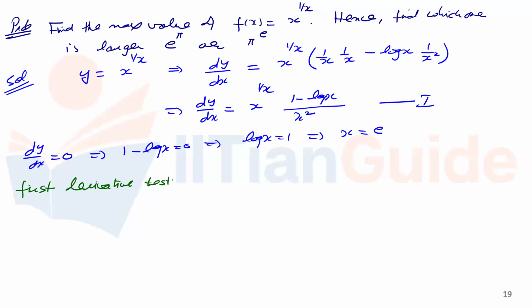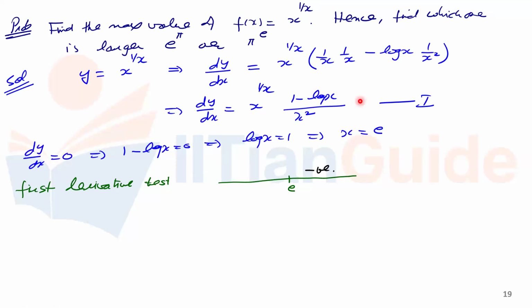That is helpful. We have a critical point, x is equal to e. Just a minute. x² is always positive, and x^(1/x) is always positive. Forget about all these things. When x is greater than e, log x is greater than log e, that is greater than 1, so basically I will get the numerator to be negative. When x is greater than e, I get a negative value.